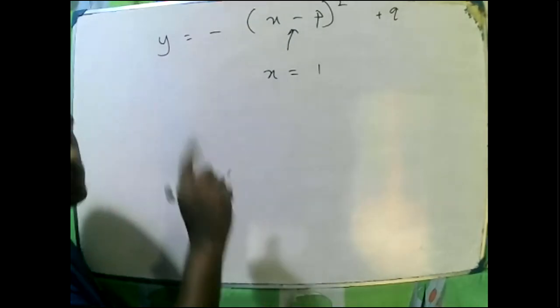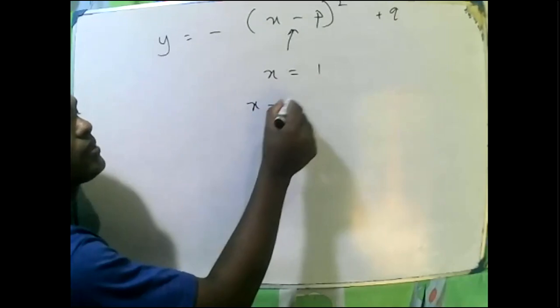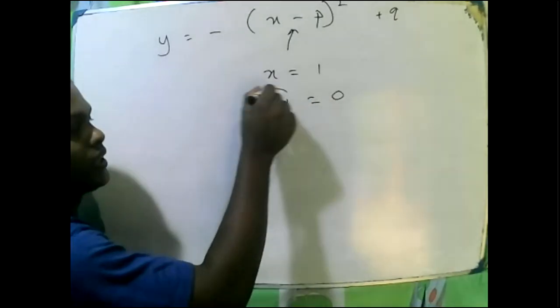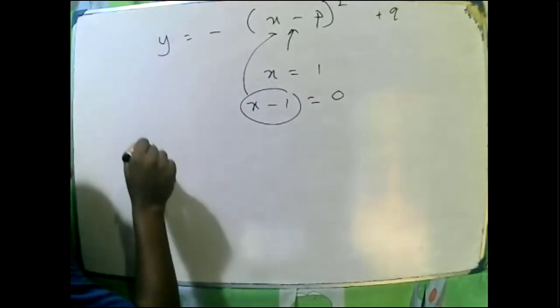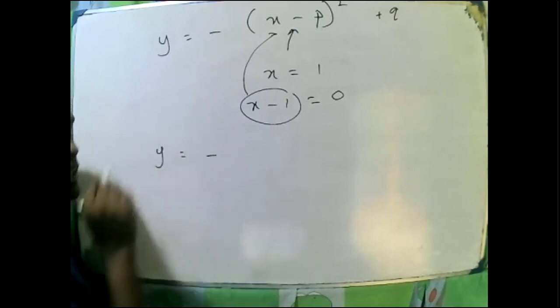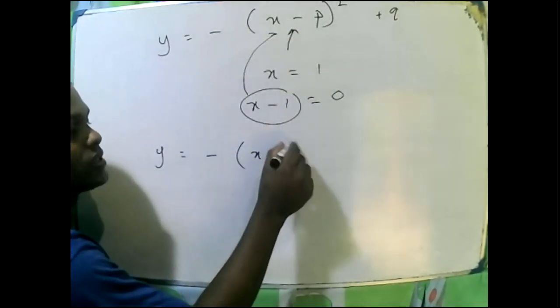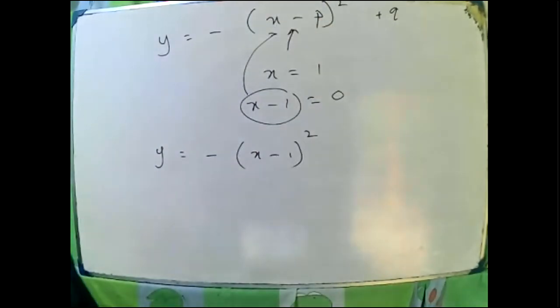Now what you have to do? Take this 1 to the left hand side. That means x minus 1 equals 0, right? So this is the part inside the bracket. Now you can write y equals minus, inside the bracket x minus 1, squared, right?